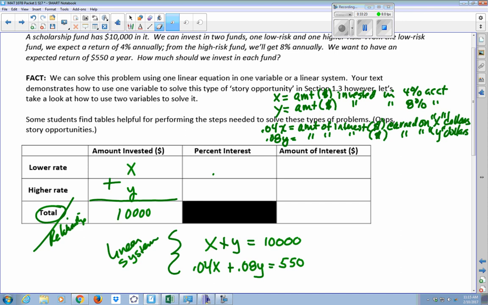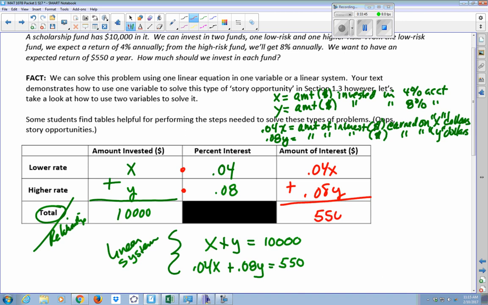The middle, you put each of your percentages as a decimal, being careful not to make a mistake. And when you multiply across each row, you get the amount of interest that you've earned on each of those accounts. And then again, you're either told the total interest or a relationship between the amounts of interest. In this case, you're told the total, and there is your second equation.